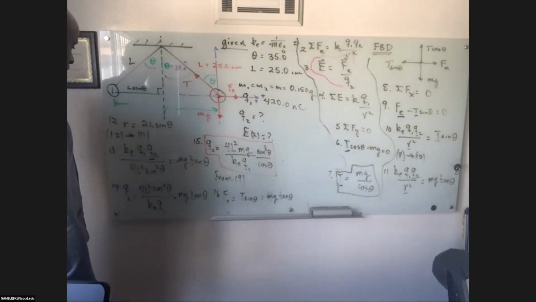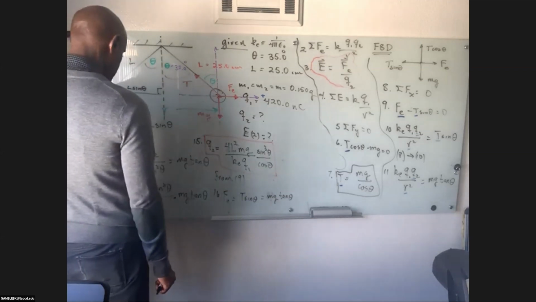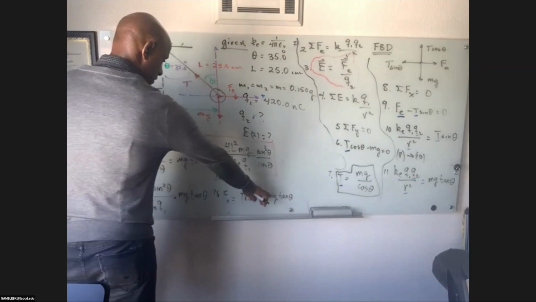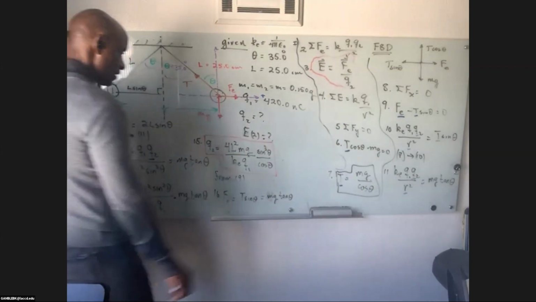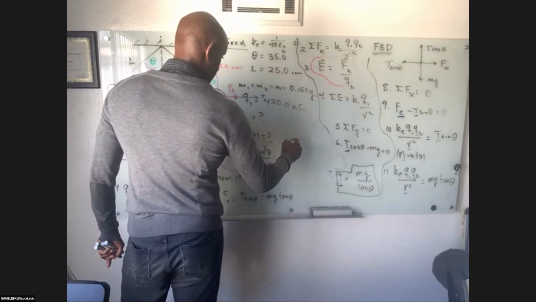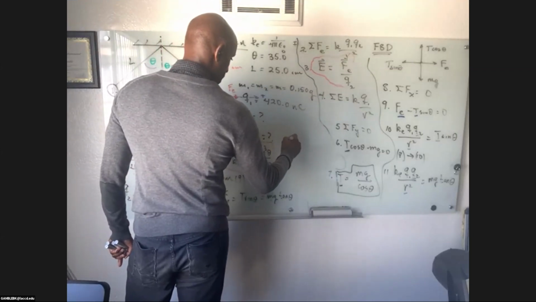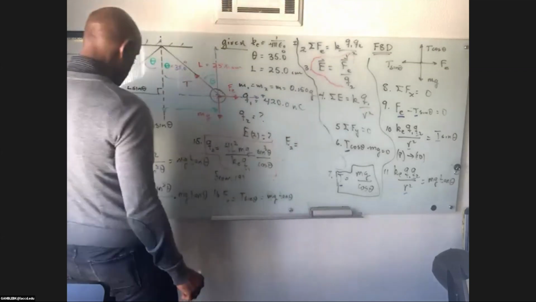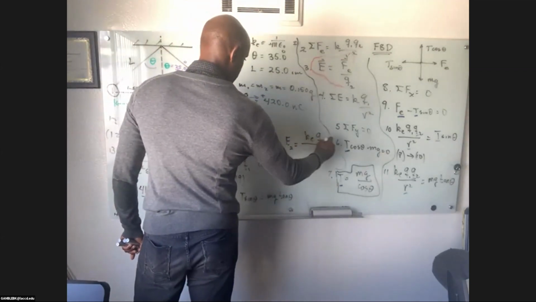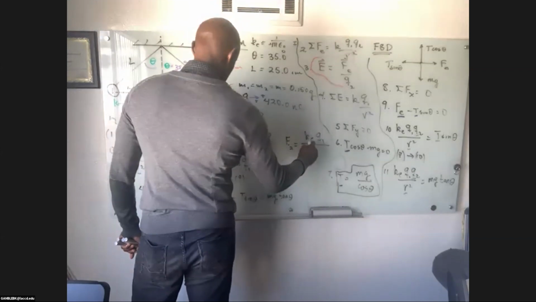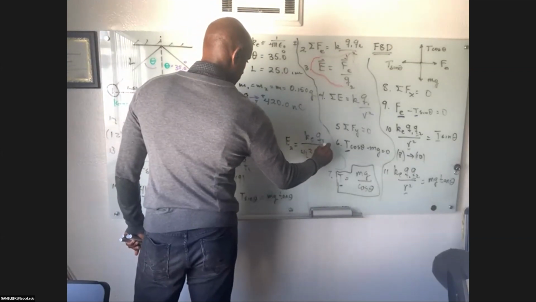So when I divide FE, mg tangent theta, by Q2, which is all of this, then in the end, my E at position 2 is going to be equal to K sub E over Q1 divided by 4L squared sine squared theta.